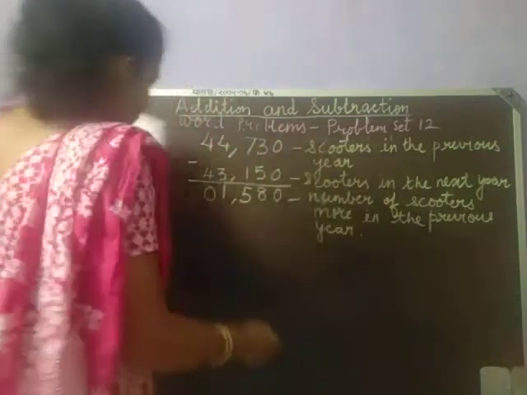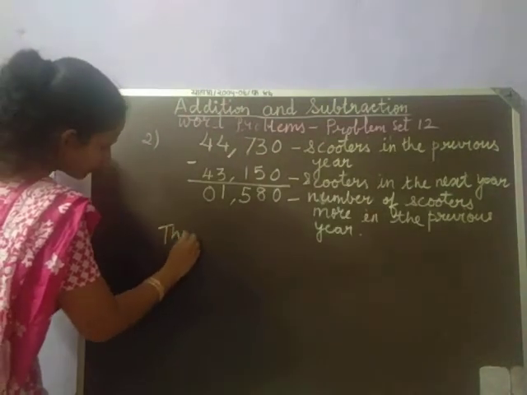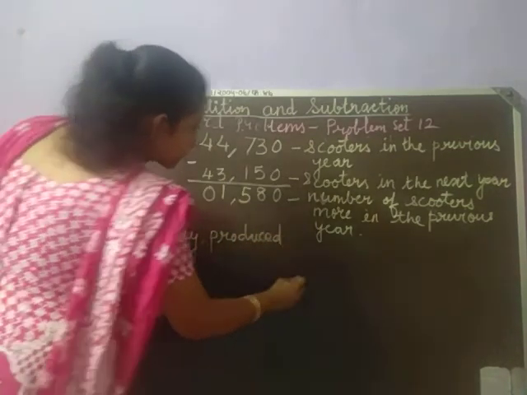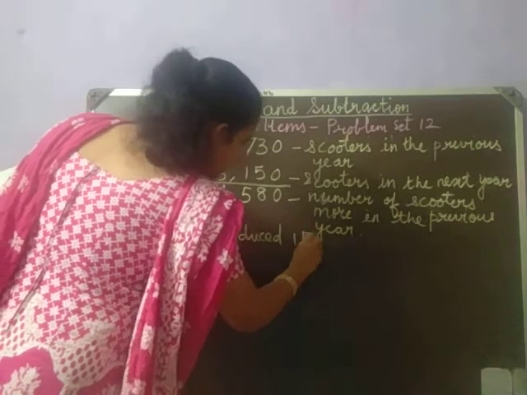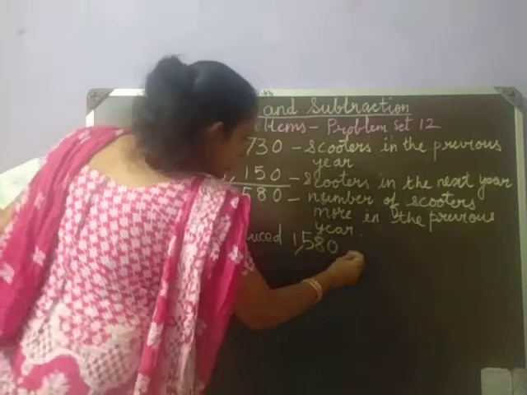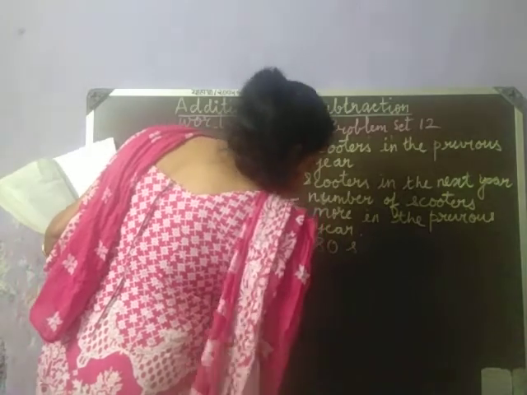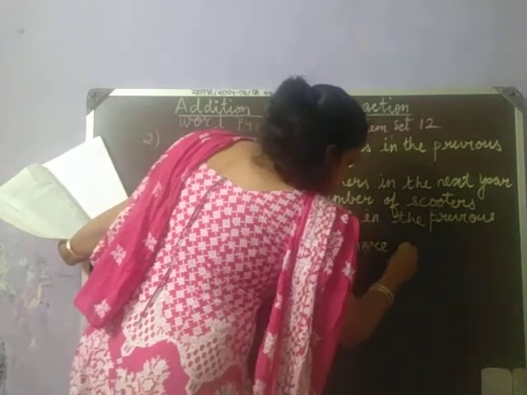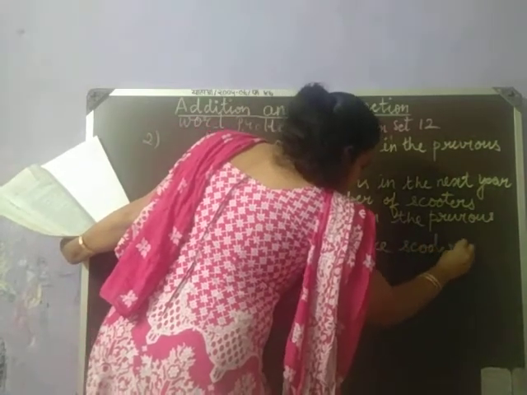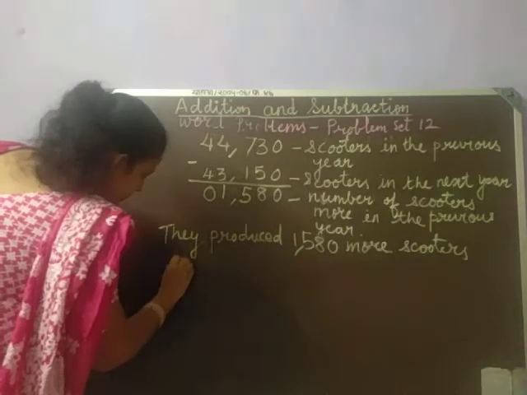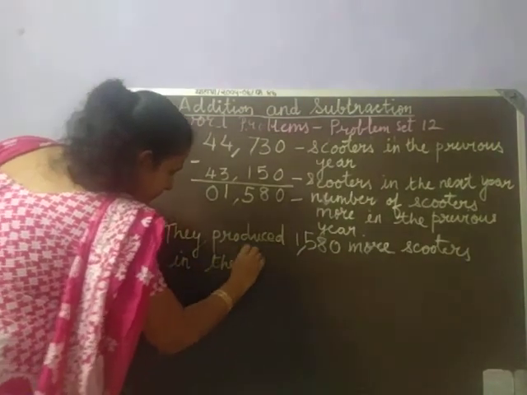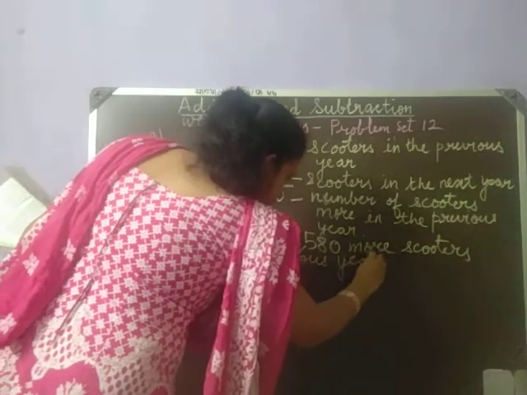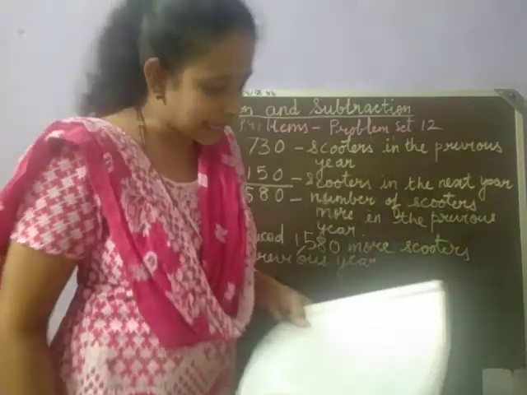So they produced 1,580 more scooters in the previous year. So this is regarding the second problem.